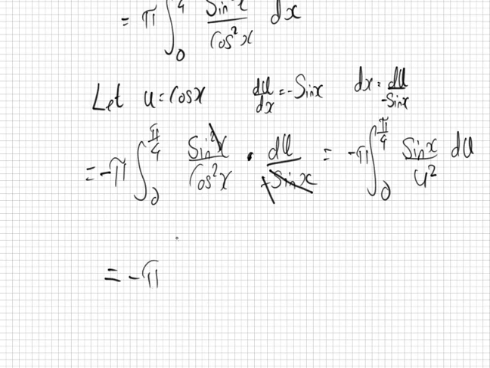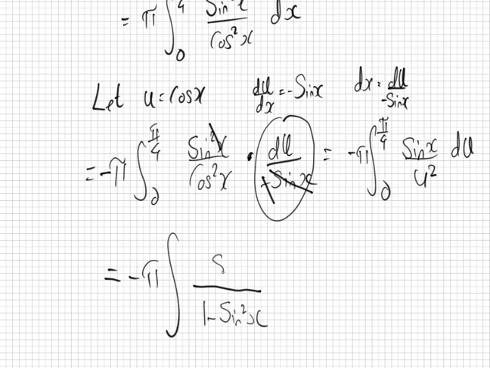Minus pi on the top. Why is it minus? Well, I'm still keeping this piece the same. And I'm still cancelling here. What I'm going to do now is change cos squared into, sorry, 1 minus sine squared. And here is sine x.